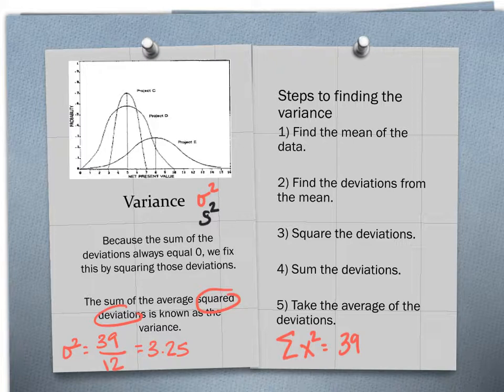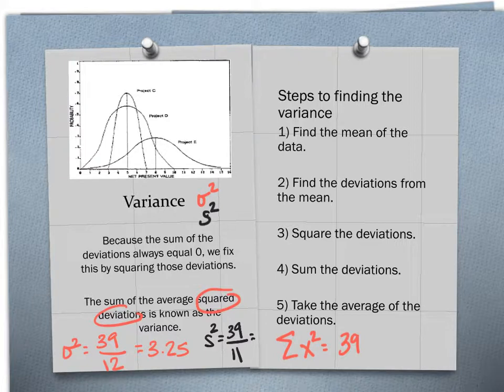When we divide by the total, this value is called a biased estimator. It will always underestimate the true variance. So to fix that, we look at a value for the sample. S squared is equal to 39 divided by, instead of 12, we always divide by one less, which in this case would be 11.